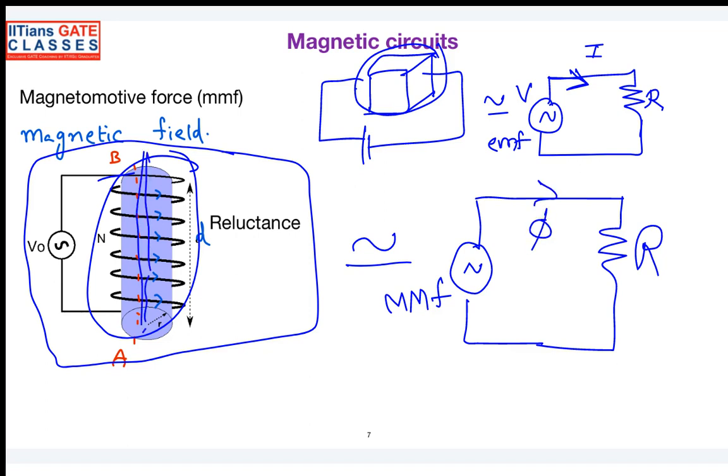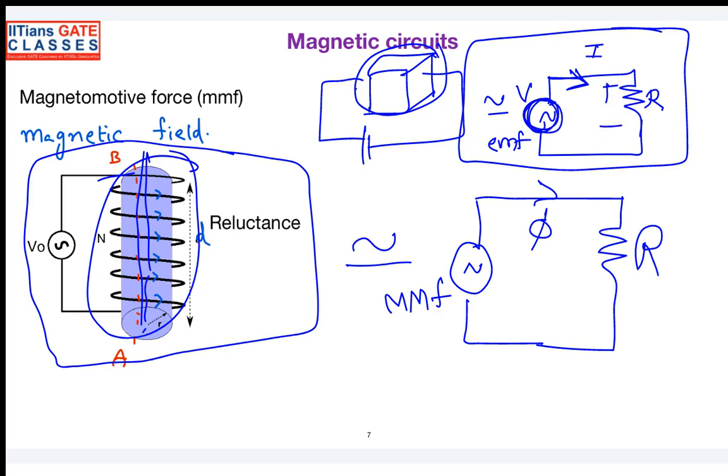So you can see here in electrostatics, you can apply Ohm's law. Whatever voltage I apply here will be the drop across the resistance. So what is Ohm's law here? It says V is equal to IR. Similarly, if you apply the same Ohm's law here, the total magnetomotive force will be the drop across this reluctance.